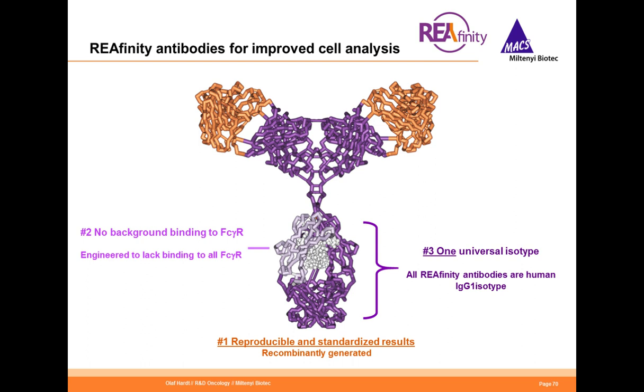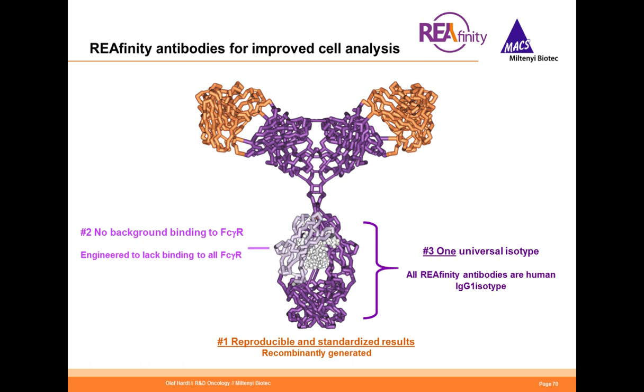Okay. In the last couple of seconds, I would like to give you one note, because you have seen a lot of flow analysis that I have shown you in this webinar. And you might be aware of this big debate about the reproducibility crisis in research. And a major part of this is coming from non-validated antibodies.